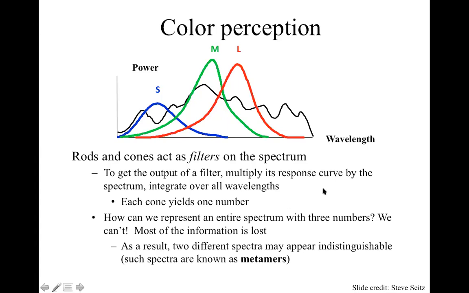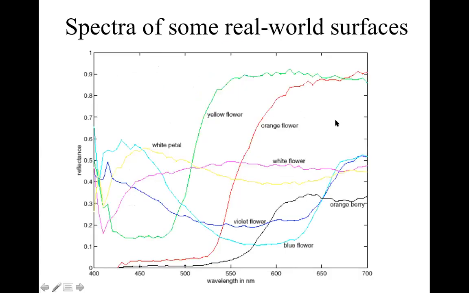Of course, you have a problem: you represent an entire spectrum with just 3 numbers, which means you could have different spectra with the same triplets. In this case, you have 2 different spectra that appear indistinguishable, and this is the case here. You have spectra of real-world surfaces.